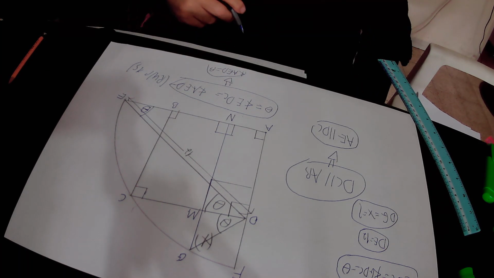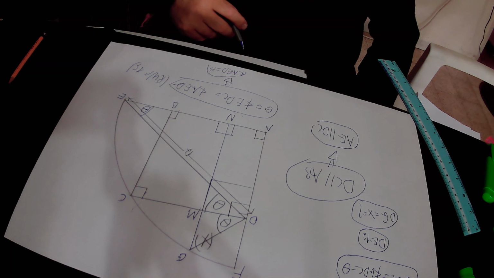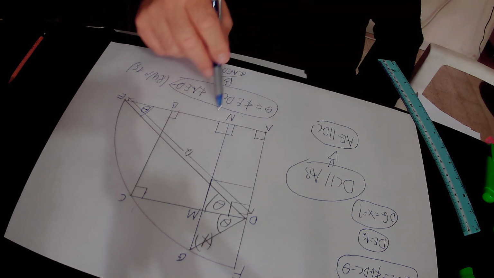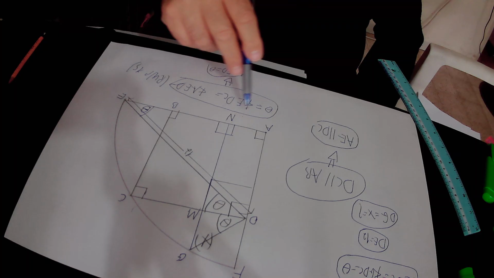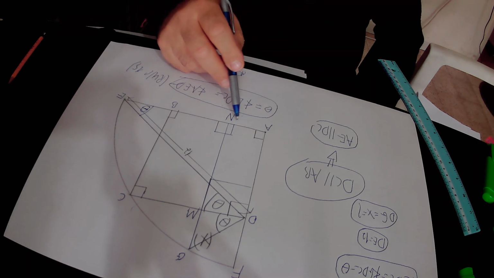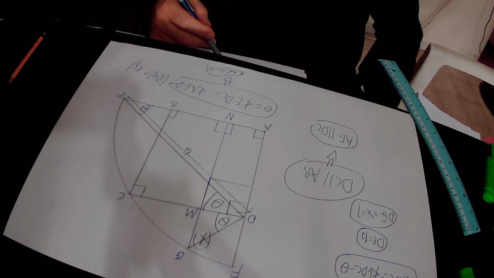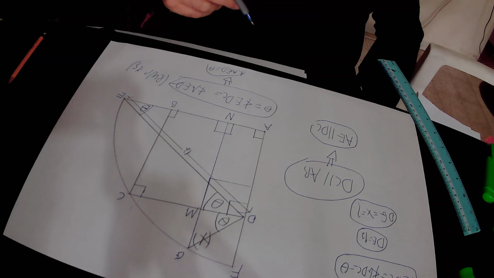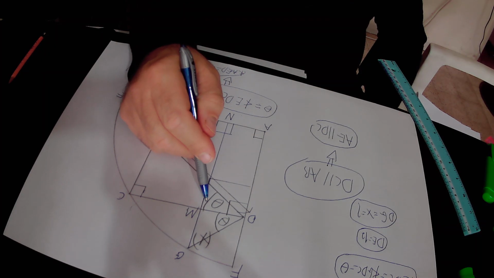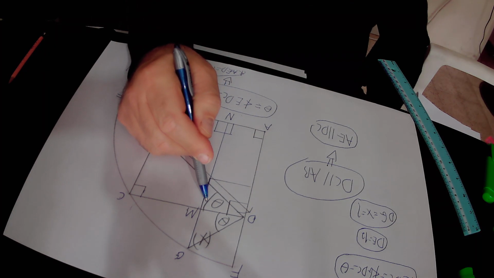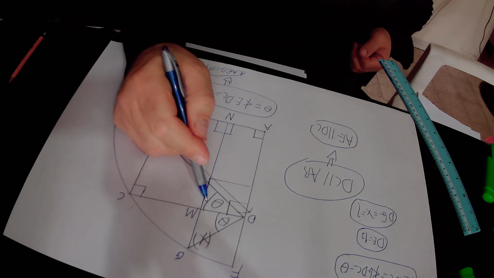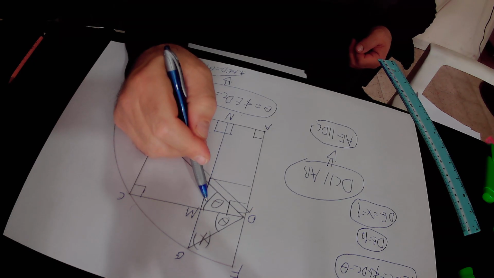By doing this construction, we actually created quadrilateral DMNA. Inside this quadrilateral DMNA, we have 1, 2, 3 right angles. The sum of 3 right angles is 270 degrees, plus this missing fourth angle. In total, the sum of those 4 angles must be equal to 360 degrees, according to the rule that the sum of the angles in any quadrilateral is 360 degrees.